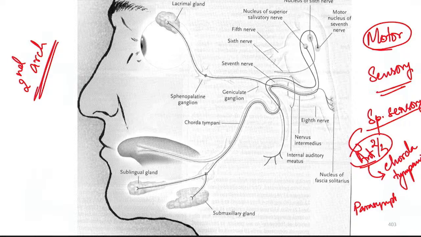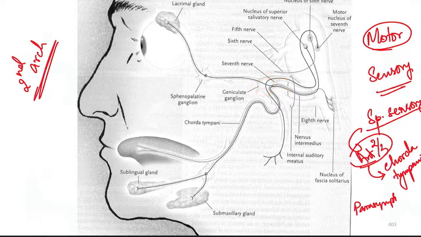Now after it enters there, there's a ganglion formation. Before reaching the ganglion, the sensory root and the motor root join together and form the ganglion.